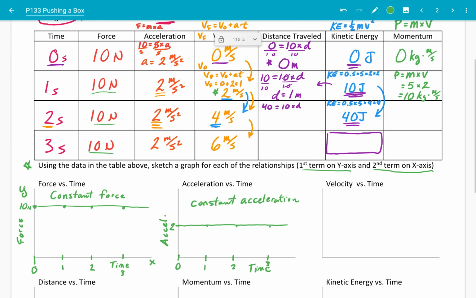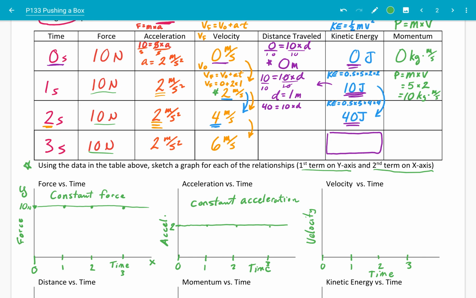For the next one, this will be the first one where it looks a little bit different. It's velocity on the y-axis and time on the x-axis. 0, 1, 2, 3 seconds.